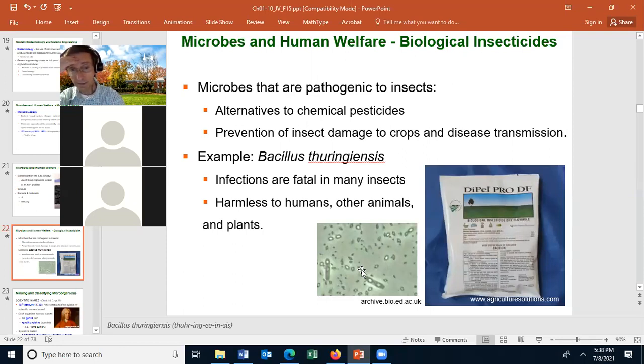And in the 1960s, I remember my father actually bought Bacillus thuringiensis and then put it on the apple trees to prevent them from getting worms.